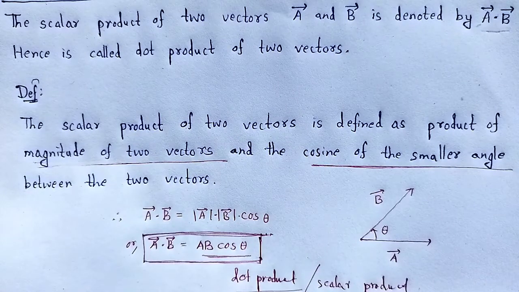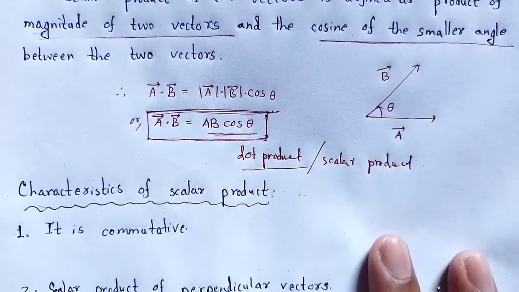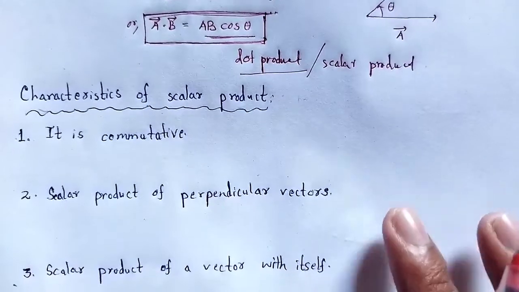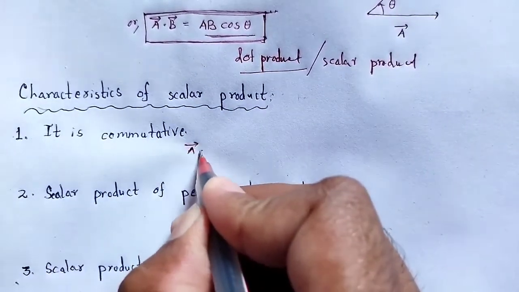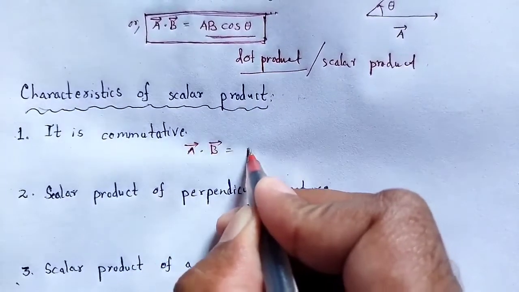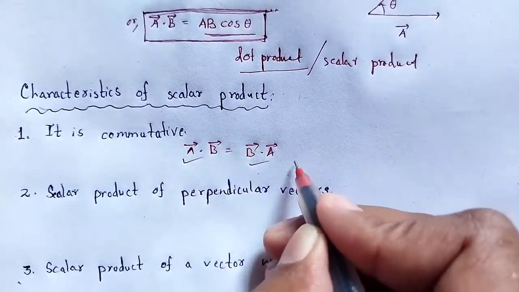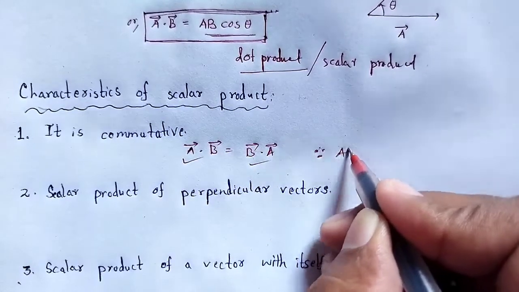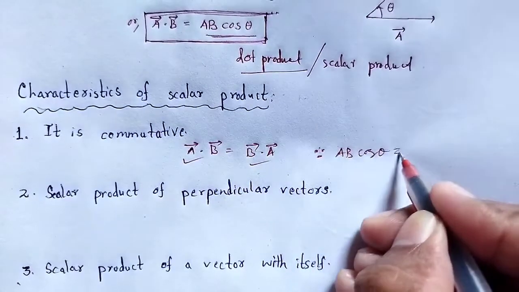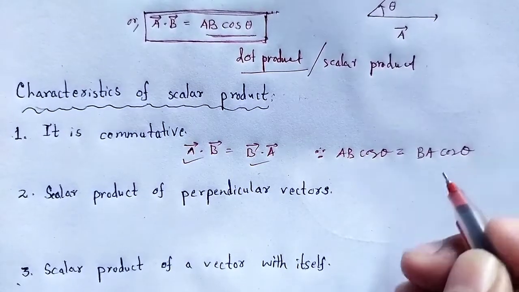So let us discuss some characteristic properties of scalar product. We have many characteristic properties. It is commutative. Commutative in the sense, A dot B is equal to B dot A. Why is A dot B equal to B dot A? A dot B means A B cos theta and B dot A means B A cos theta.